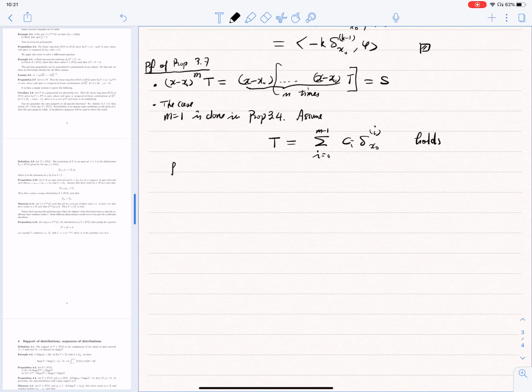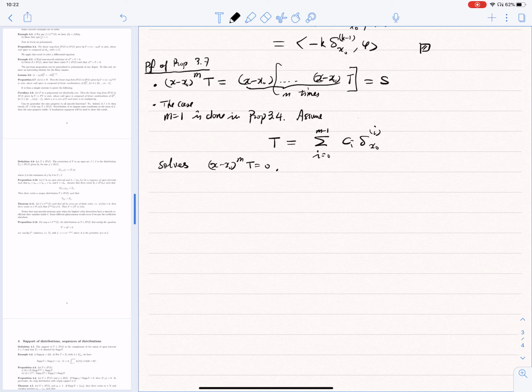This solves this equation, right? And we're going to show that these are the only solutions that solve this equation.